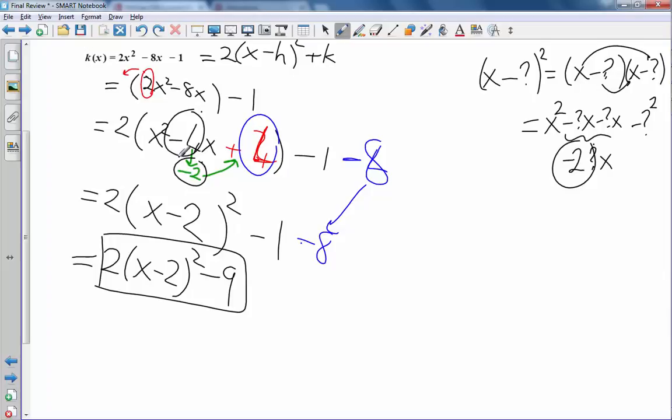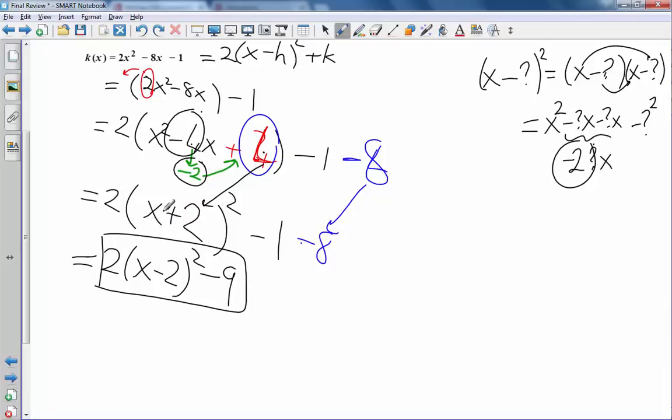So this is called completing the square. I'm completing this into a square. We always take half the middle one. Most people go with the last number and say, take the square root of this. It's correct, but it's dangerous. When I take the square root of 4, you put 2 here, and they put plus 2 because this is plus 4.